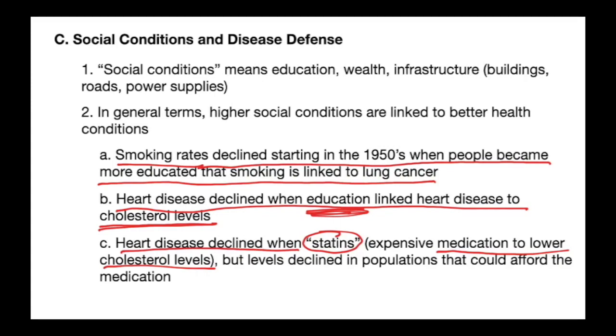But that only happened in populations that could afford the medication. So there's wealth, right? Places that could afford it were better off than places that couldn't afford it. Okay, so there's a little bit about social conditions.